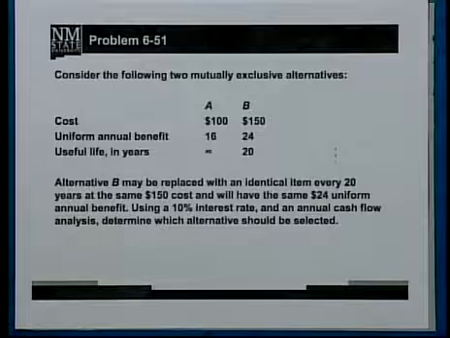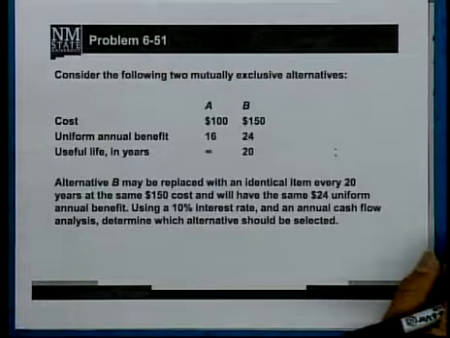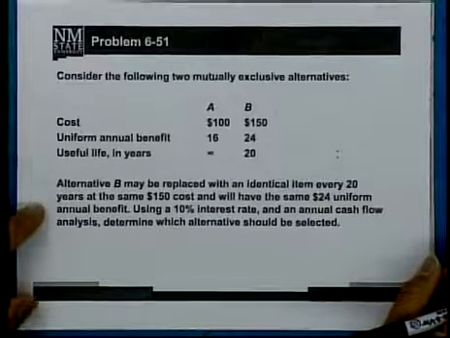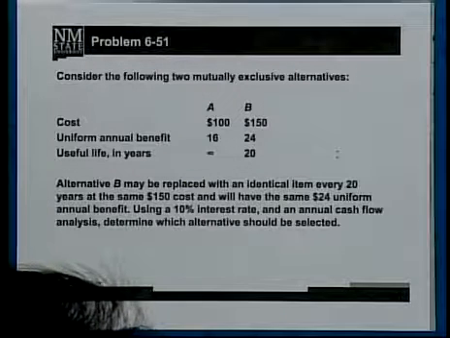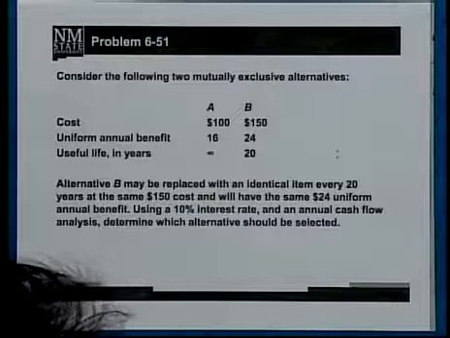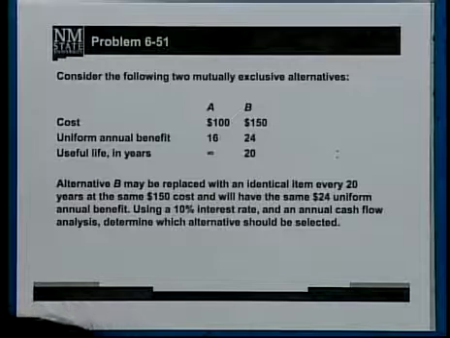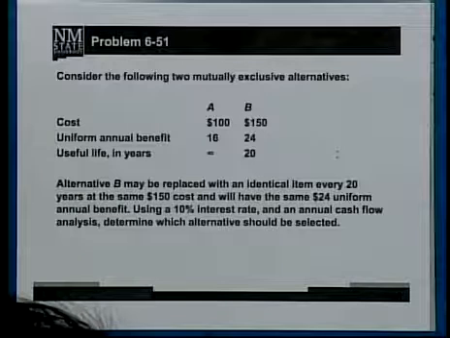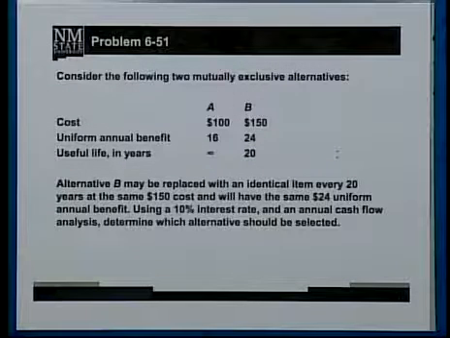Alternative B may be replaced with an identical item every 20 years at the same $150 of cost, and will have the same $24 of uniform annual benefit, using a 10% interest rate and an annual cash flow analysis. Determine which alternative should be selected.